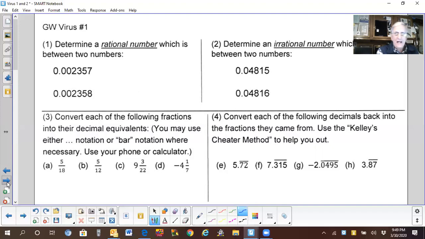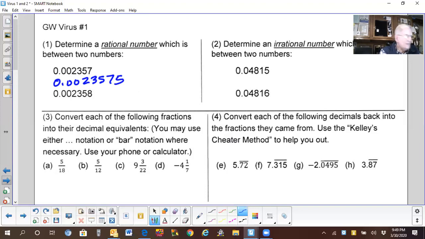Now, if you take out your phone or a calculator and you put those two numbers in it, this is what you would obtain for an answer. 0.002357. It would terminate, it would stop.